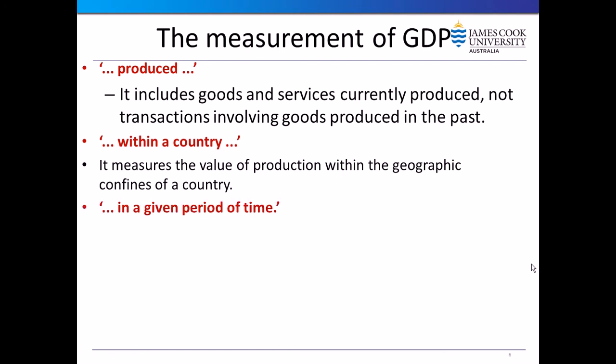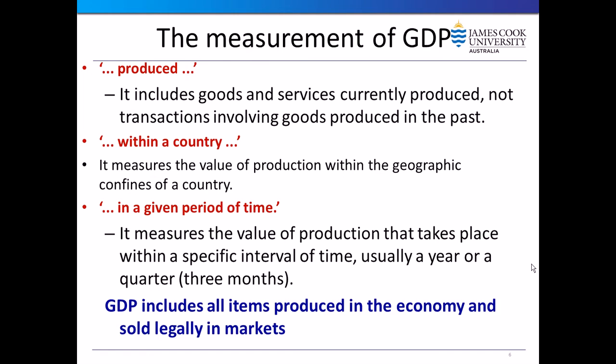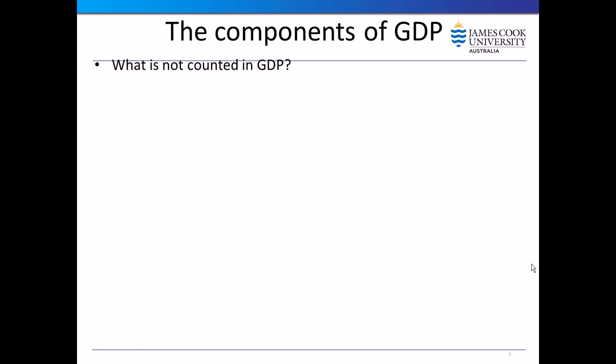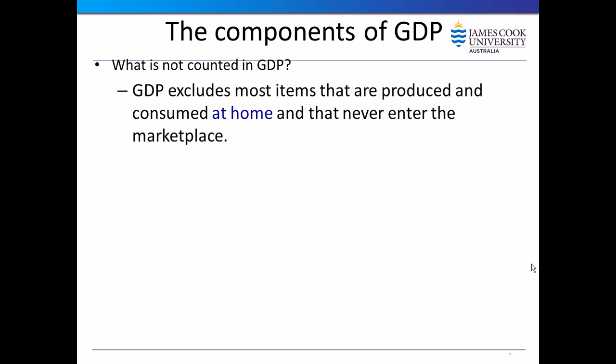GDP includes all goods and services produced in the economy and sold legally. Okay, every good and service must be legal. So if you produce marijuana in your backyard, it does not count towards the GDP of Australia. You should know this because it is illegal. So GDP excludes most items that are produced and consumed at home and that never enter the marketplace.